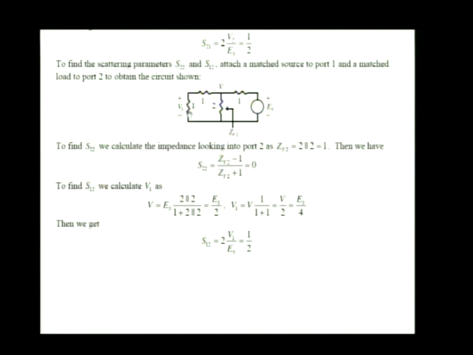V1 is just going to be half of V, right? Half of V will be dropped across this 1 ohm resistor. The other half of V would be dropped across that 1 ohm resistor. Or more rigorously, we could use voltage division to find V1 in terms of V, because the voltage V would be divided between these two 1 ohm resistors, and the voltage division factor would be 1 over 1 plus 1, the total resistance.